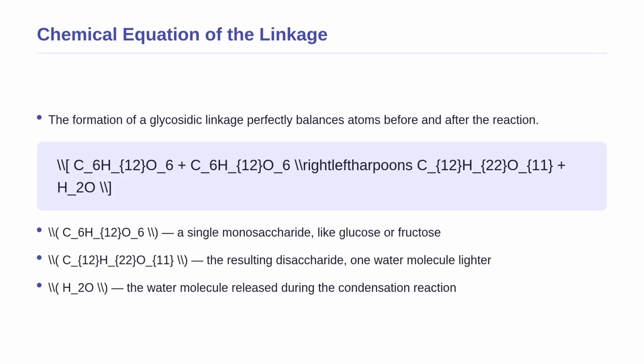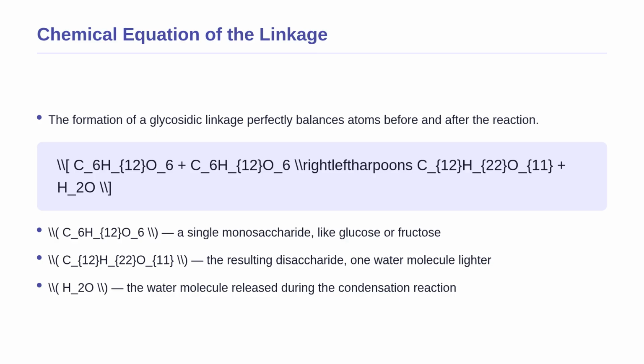Now that we understand the real-world impact, let us look at the chemical representation of this linkage. In biochemistry, we represent this formation as a chemical equation that perfectly balances the atoms. On the left, we have two molecules of C6H12O6. Each represents a single monosaccharide, such as glucose.